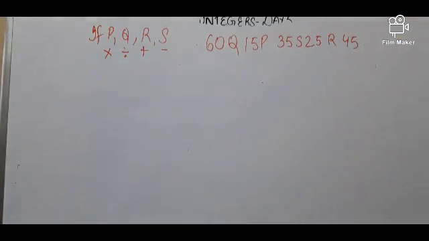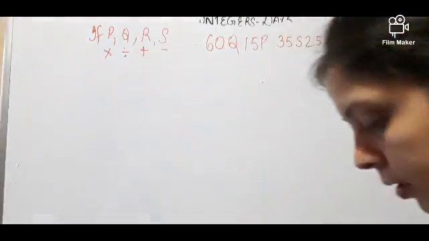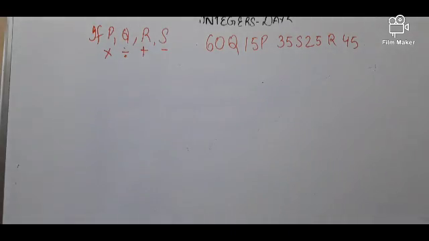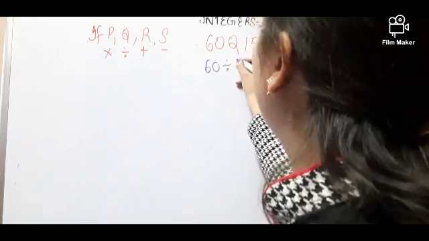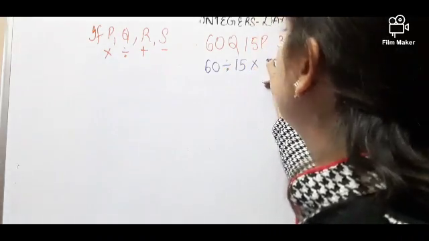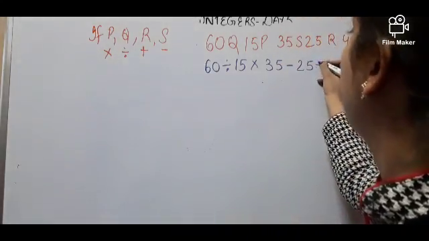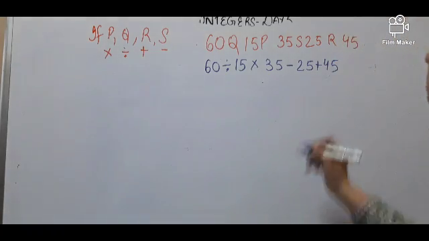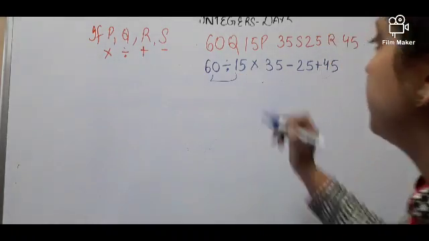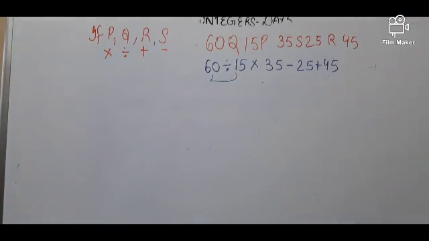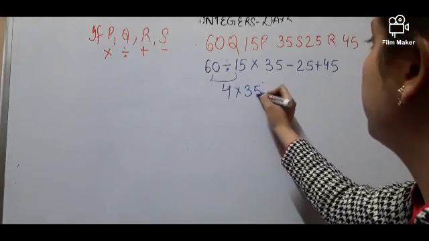That means we have to put the signs according to the values. So Q means divide, that means 60 divided by 15, 35. S means minus, 25. R means plus. Now solve it. First solve this division. 15 times 4 is 60, so we get 4 as a quotient.